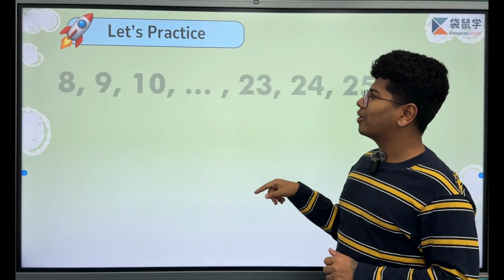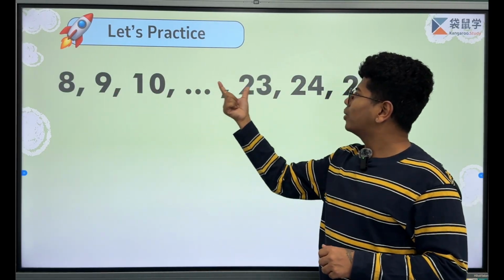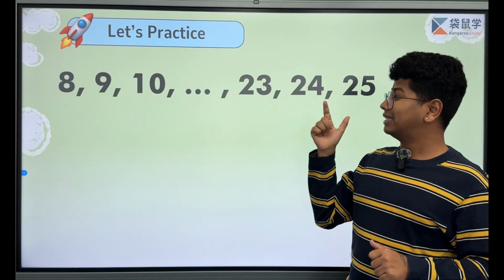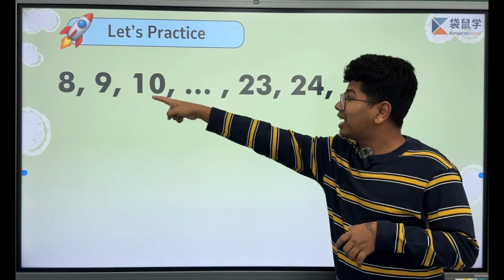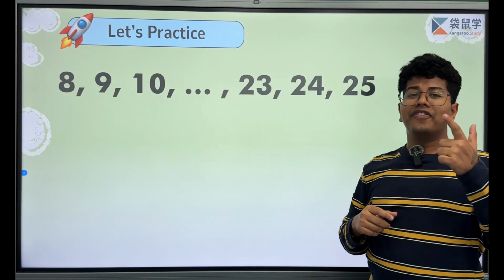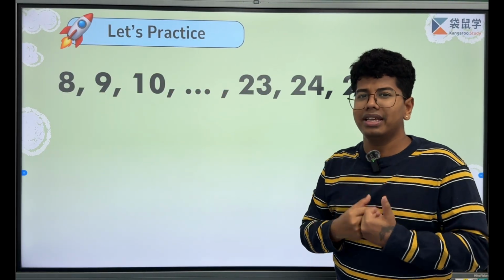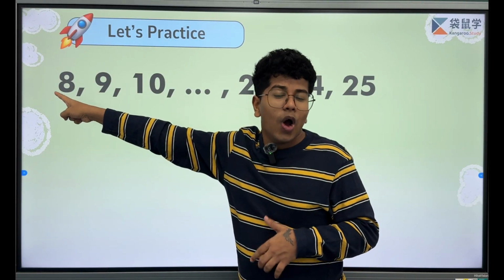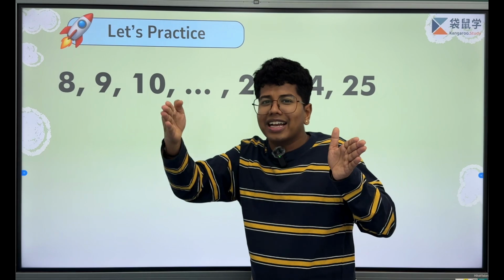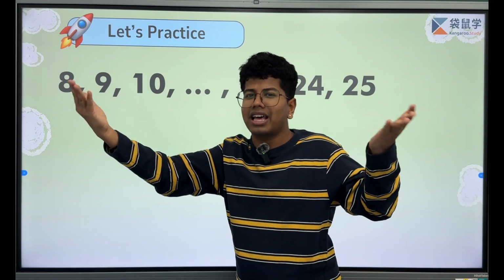Let's try to practice now. Here, let's say I have to calculate the numbers in this sequence. But does this number start from 1? It starts from 8. So here, first we should calculate the missing numbers. If this is 8, how many numbers are missing? Oh, 1, 2, 3, 4, 5, 6, 7. The first 7 numbers are missing.